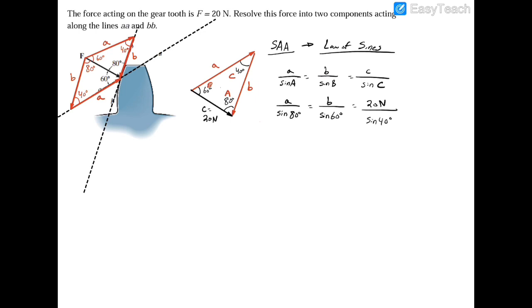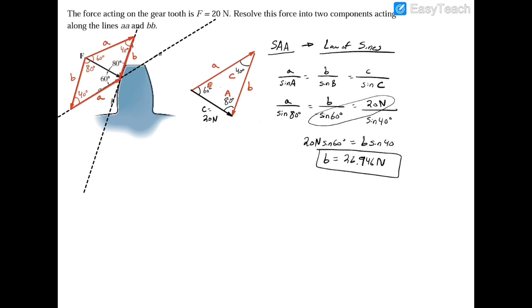And now I do some cross multiplying, so 20 newtons times sine of 60 degrees equals B times sine 40. Divide both sides by sine 40, and you'll have that B equals 26.946 newtons.